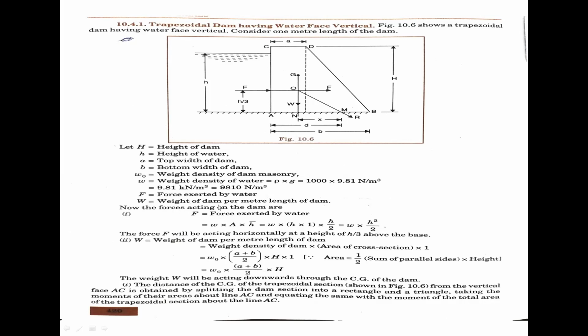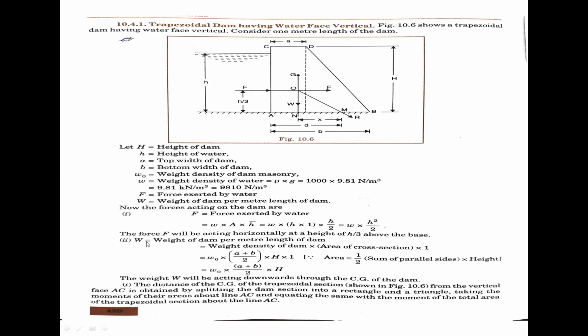Capital F is the force acted by the water, and W is the weight of the dam per meter length. The forces acting on the dam are F and W. The formula for F is w into h into 1 per meter length area, into h by 2, where h bar equals h by 2, so F equals w h square by 2.